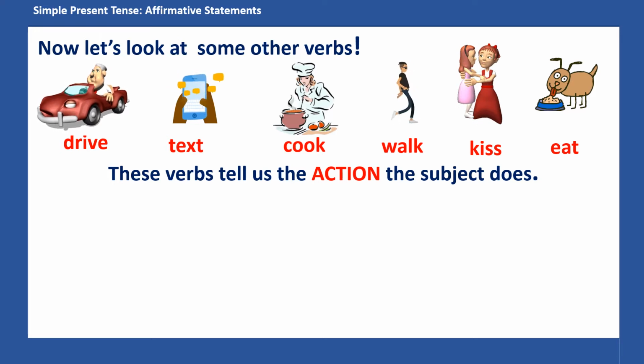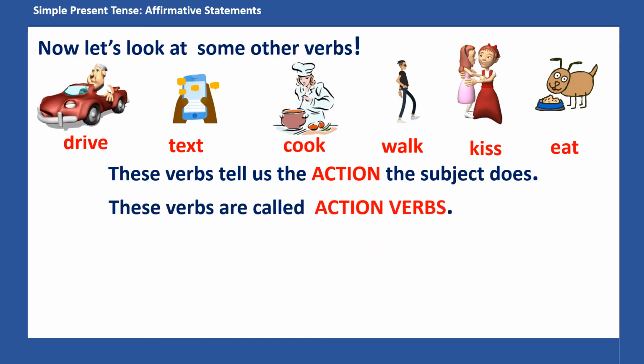Subject, brother. What's the action? Walk. The little girl kisses her mother every day. What is the subject? Little girl. And what is the action? Kiss. The dog eats hungrily. What is the subject? Dog. What is the action? Eat.